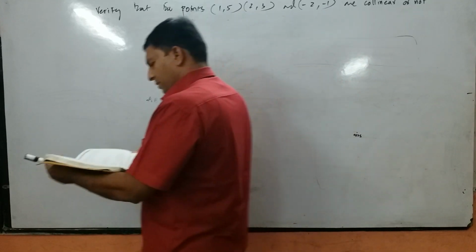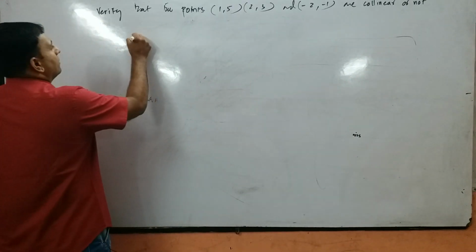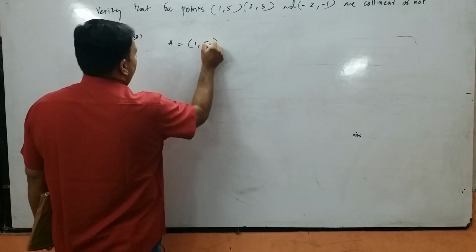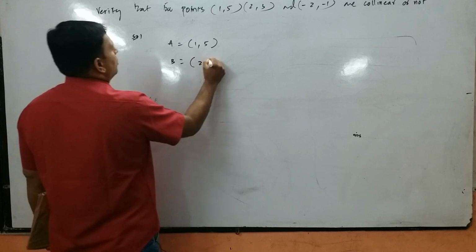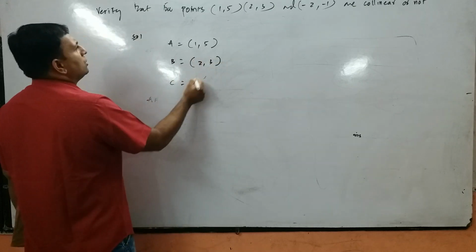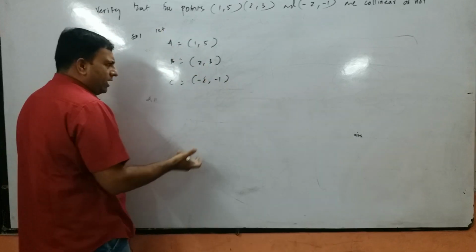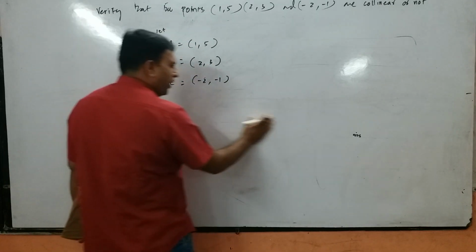How do I do it? Solution. Let A is equal to 1, 5, B is equal to 2, 3, C is equal to minus 2, minus 1. This is the working style. I am going to assume the points this way.